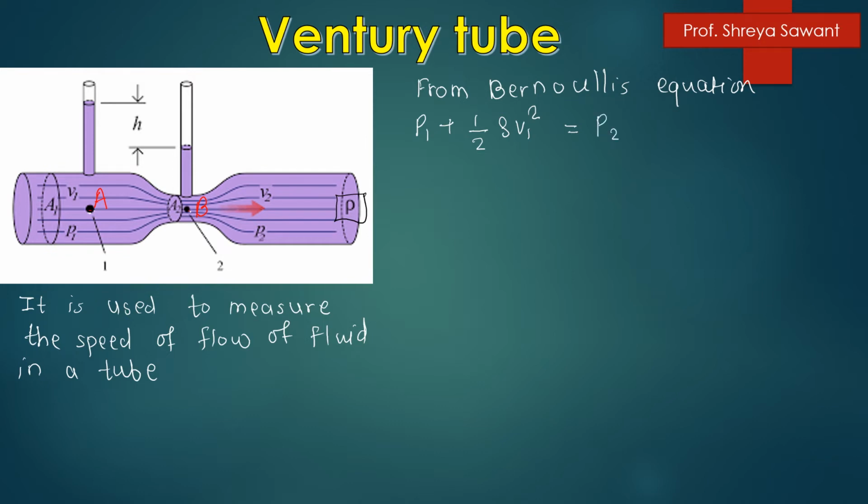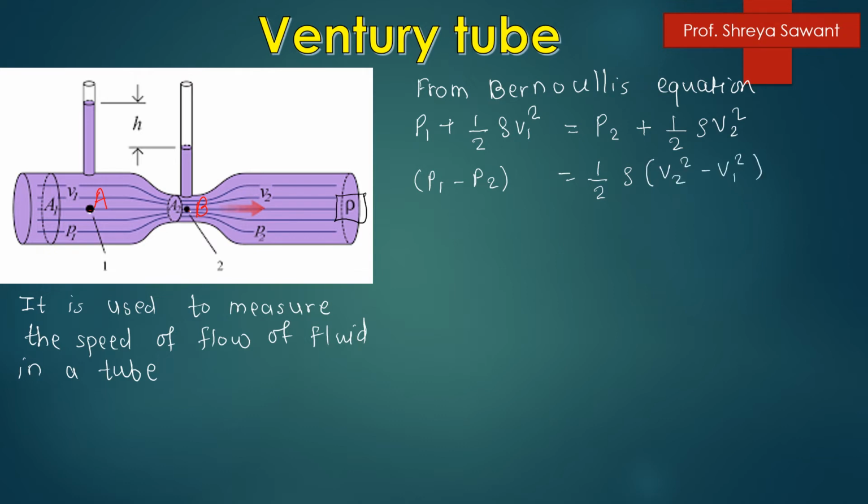So this equals P2 plus half rho V2 square. Okay, so P1 minus P2 on the left side is equal to, this term goes to the right side, 1 by 2 rho is common and it becomes V2 square minus V1 square.